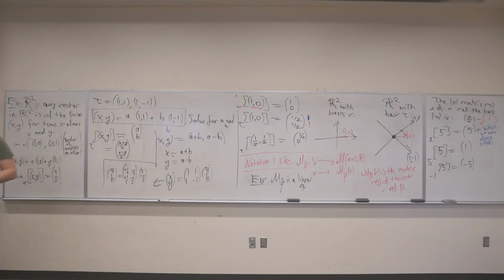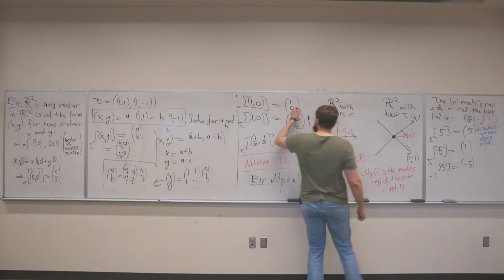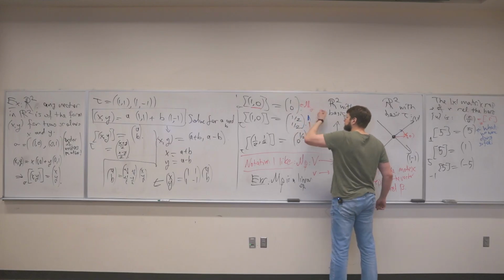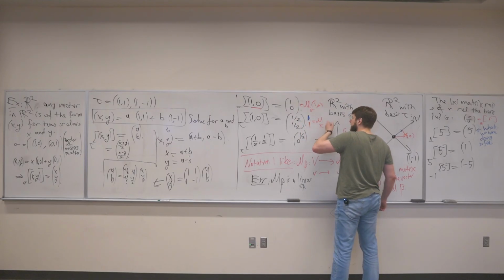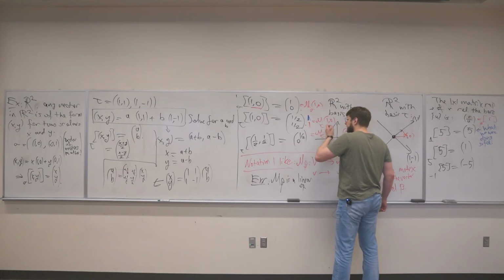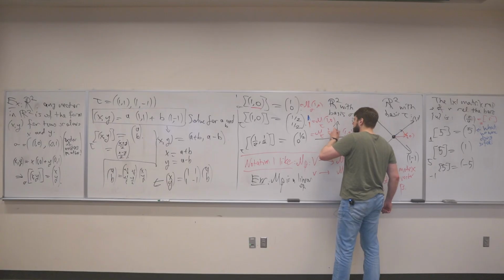Yeah, so if you want to be using this notation, you would write, for instance, this is M sub sigma of 1, 0. This is M sub tau of 1, 0. This is M sub tau of 1/2, 1/2.